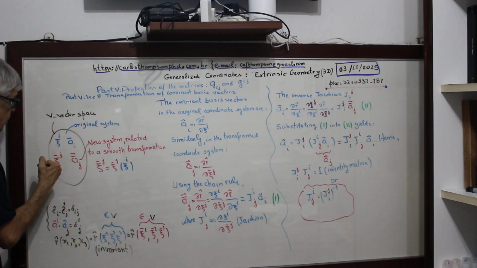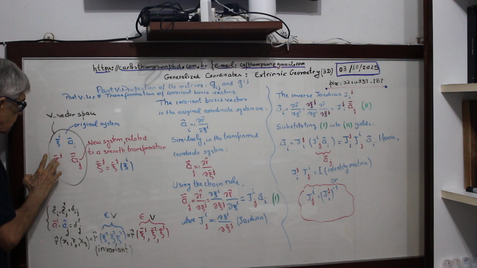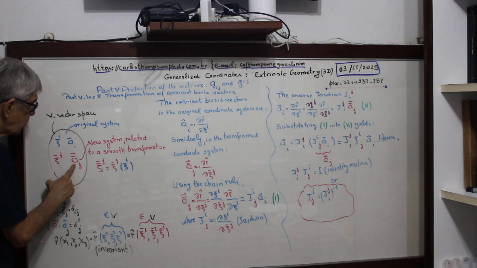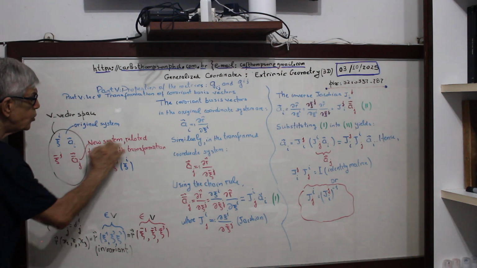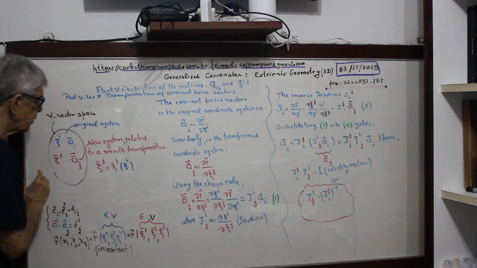And also, likewise, Xi bar J, the contravariant coordinate system. This is the basis, the covariant basis. I call it the new system. This is original, this is new, by convention.